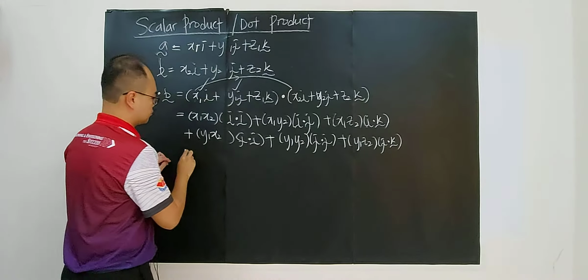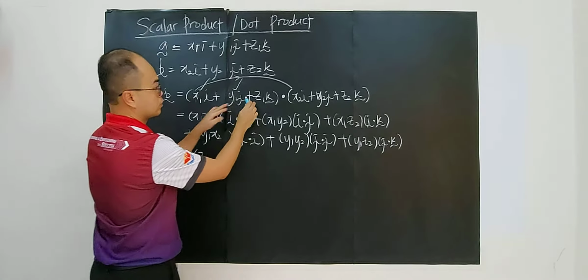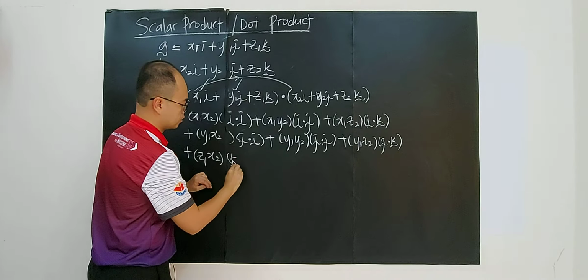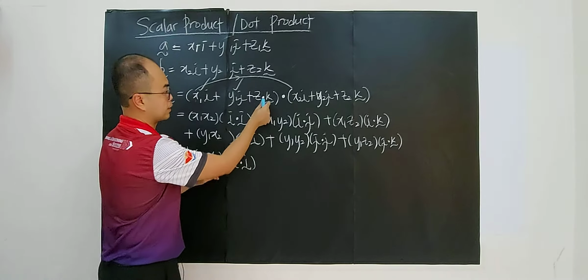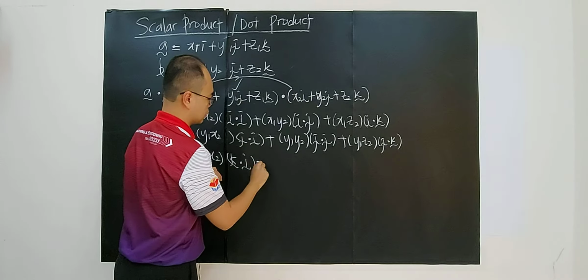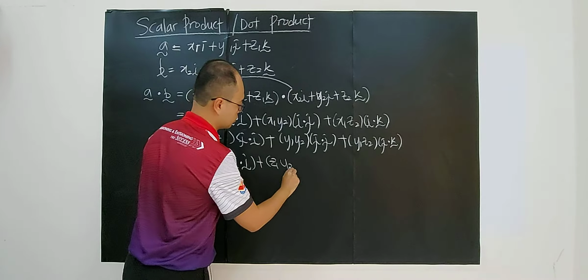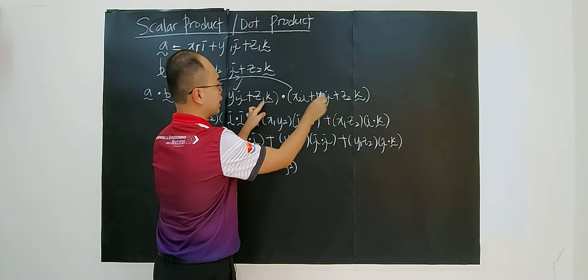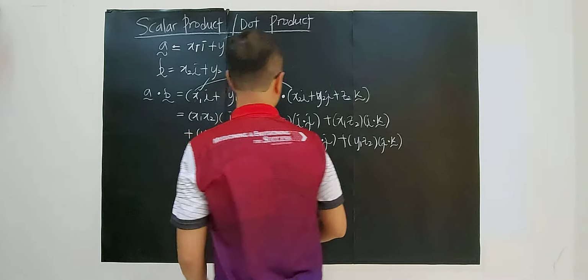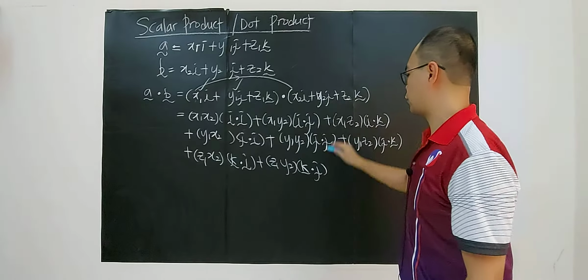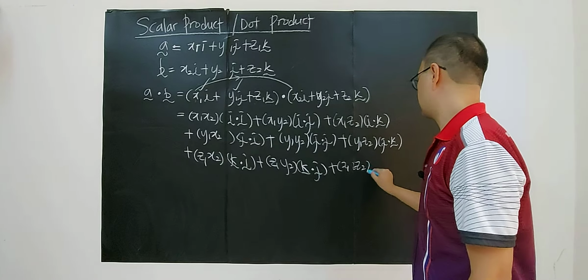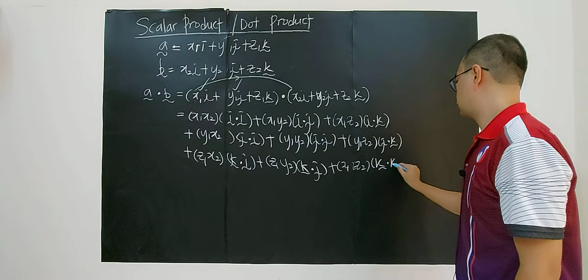Now the third one, plus z1 x2, which is k dot i, then z1 y2, k dot j. Then lastly, z1 z2, k dot k.